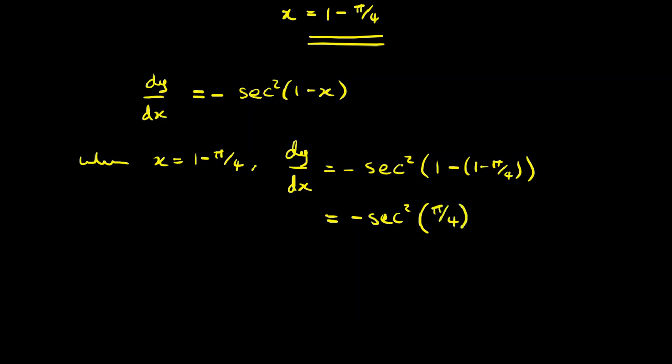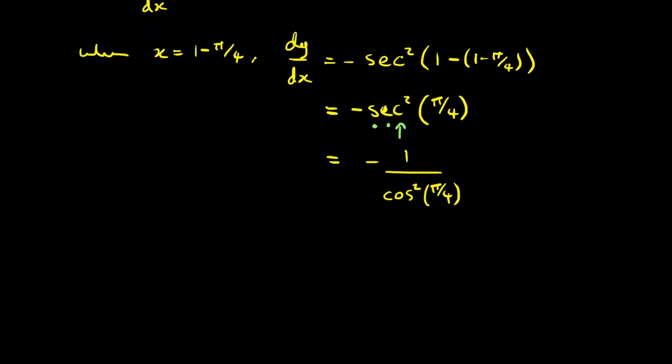Okie dokie. Well, what does sec mean? As always, with cosec, sec, and cot, we want to look at the third letter. So first letter, second letter, third letter. The third letter is C. That means that sec is 1 divided by cos. So really what we've got here is minus 1 over cos squared (pi by 4). Okay? And again, you can use your calculator.